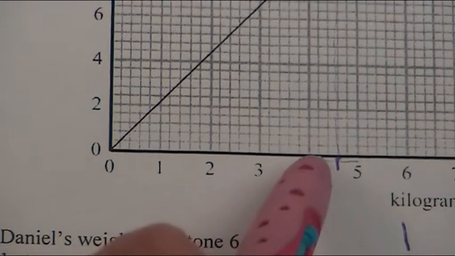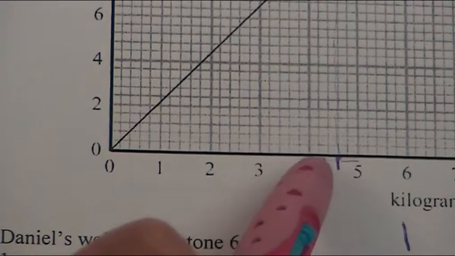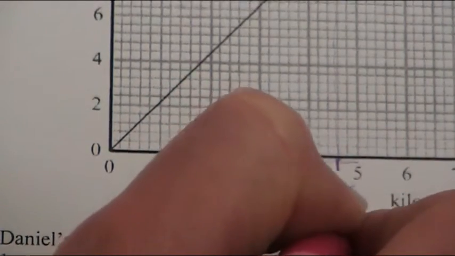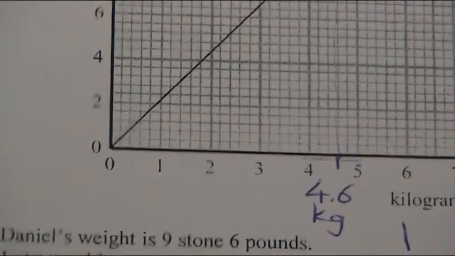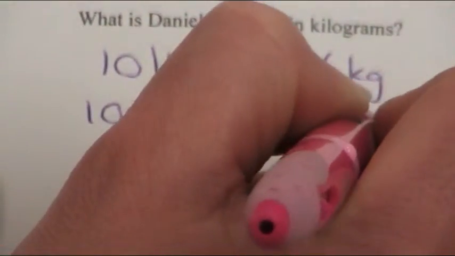So it's 0.2, because 0.2 times 5 is a whole 1. So that is actually 4.6 kilograms. So let's write that down. 10 pounds is 4.6 kilograms. So 100 pounds would be 46 kilograms.